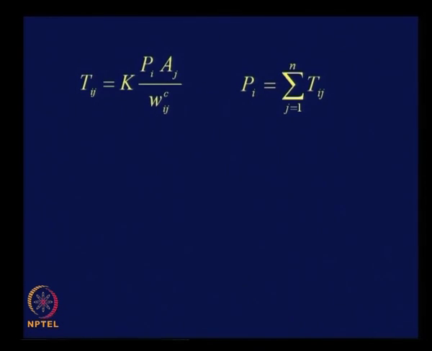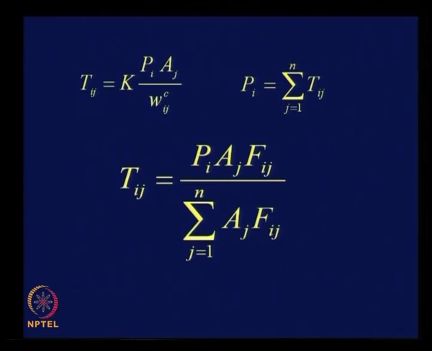Since we know Pi is equal to sigma j equal to 1 to n Tij, we introduce this constraint into this basic equation and finally obtained this formulation of the gravity model: Tij is Pi Aj Fij divided by sigma j equal to 1 to n Aj Fij. This is a very simple formulation of the gravity model without consideration to the zone to zone adjustment factor, which is Kij.